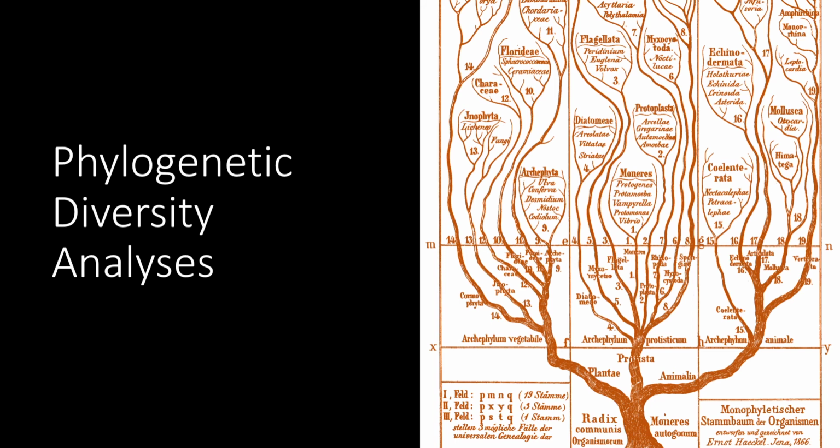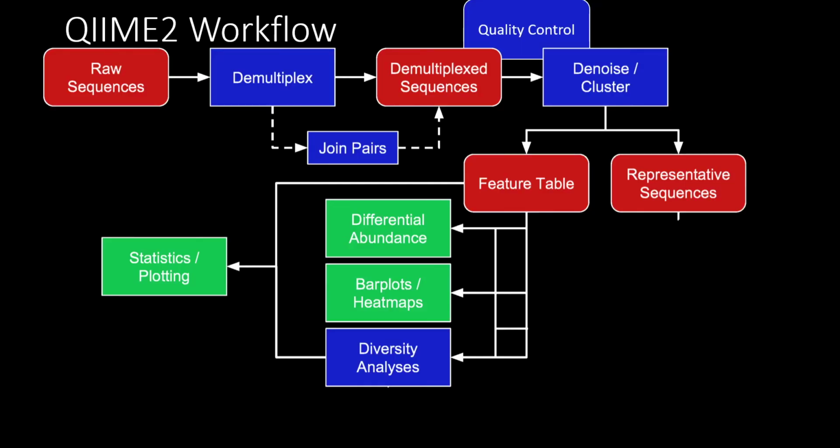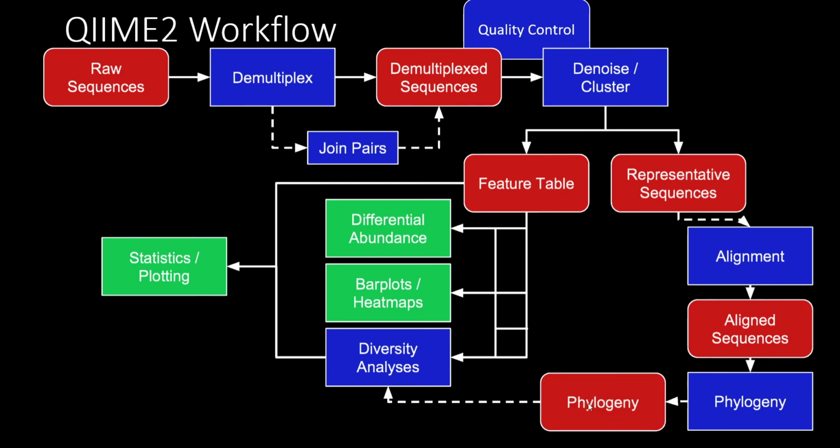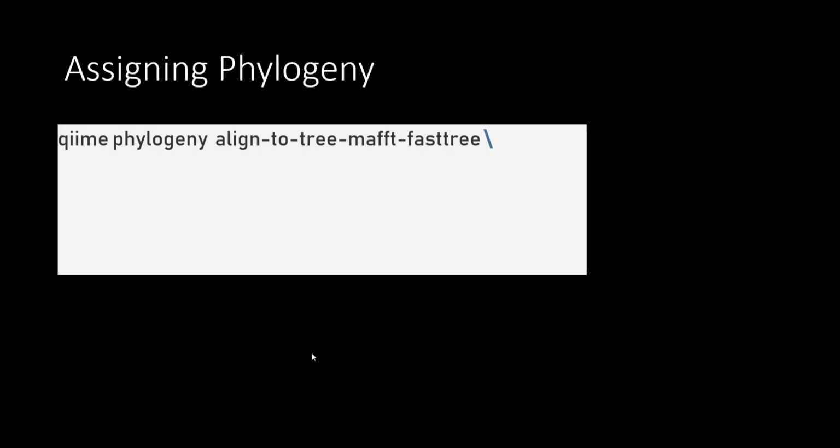QIIME 2 is going to teach us how to do Faith's metric. So with that, we'll work with our representative sequences table. We're going to do some alignment in there. We're going to take those aligned sequences and from them determine the phylogeny, and that phylogeny will then be used to do diversity analysis. So with QIIME phylogeny, it's going to say, hey QIIME, do phylogeny. We're going to do this command, align-to-tree-mafft-fasttree.